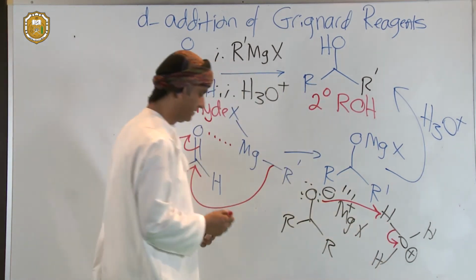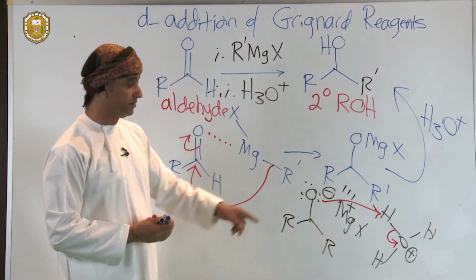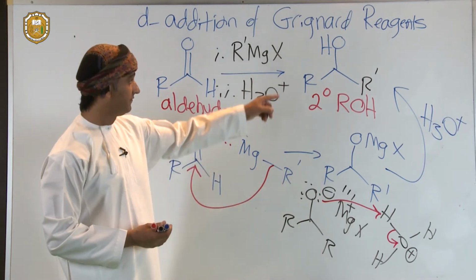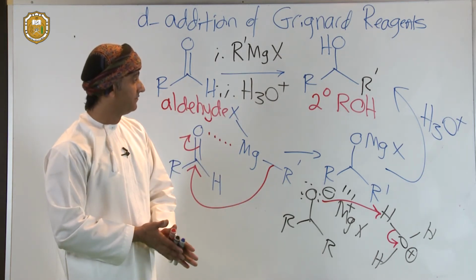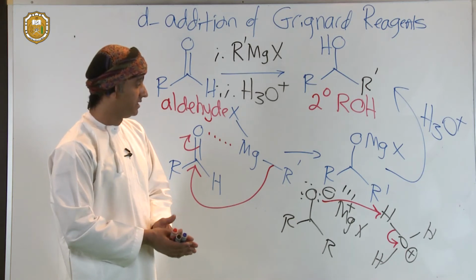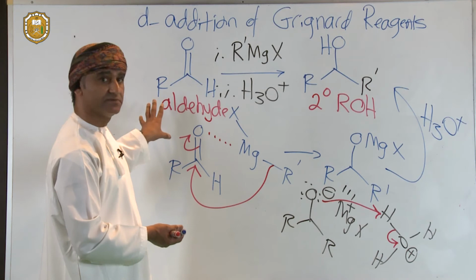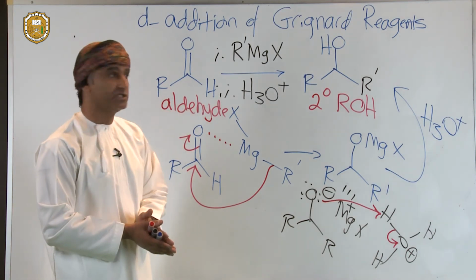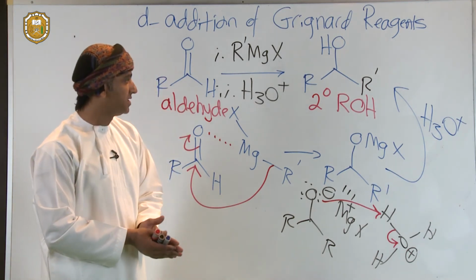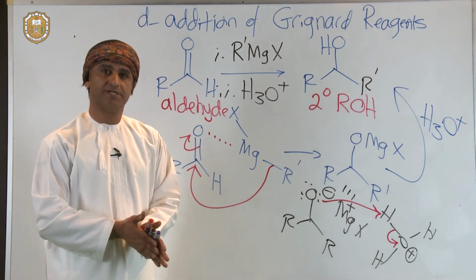So the alkoxide picks up a proton from the hydronium ion to give finally the alcohol product, and of course water. So this is a mechanism for the Grignard addition reaction on aldehydes in general to give the corresponding secondary alcohols.